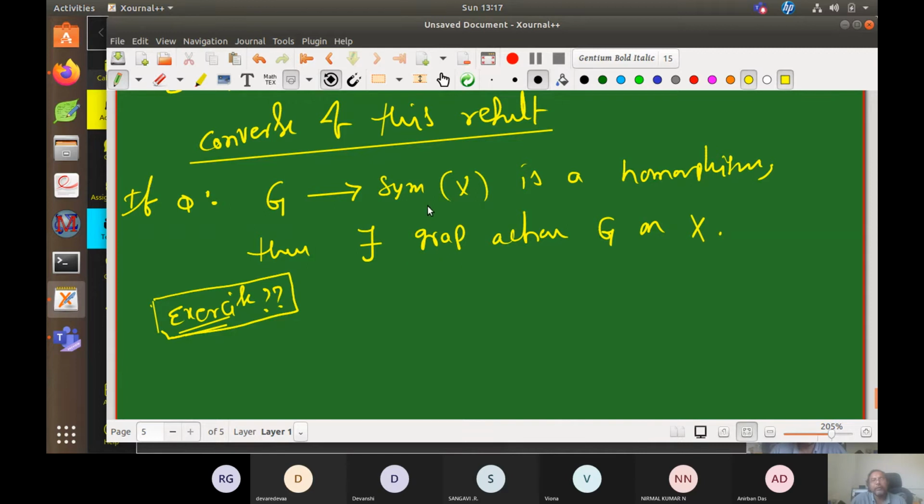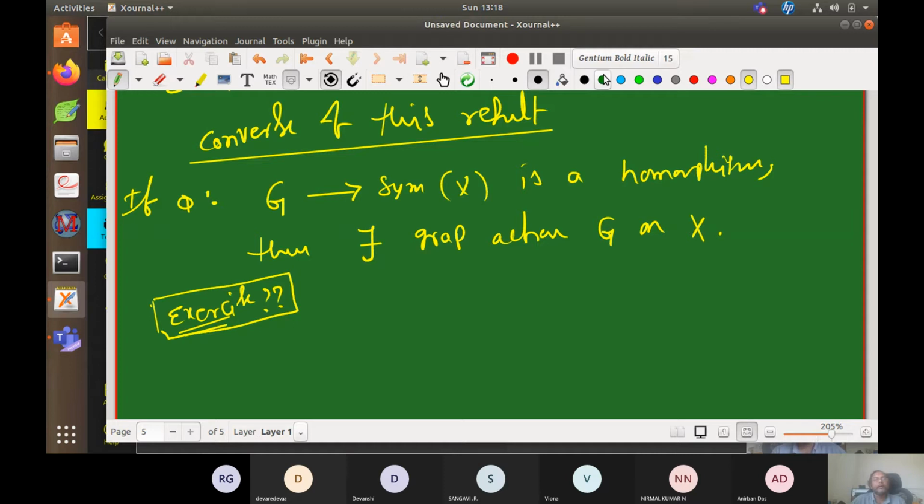One homomorphism we know is sending every element to the identity, so that automatically gives one, right? But for a non-trivial group action we need a non-trivial group homomorphism from G to the symmetric group of X. So this construction will help you get a non-trivial group action.